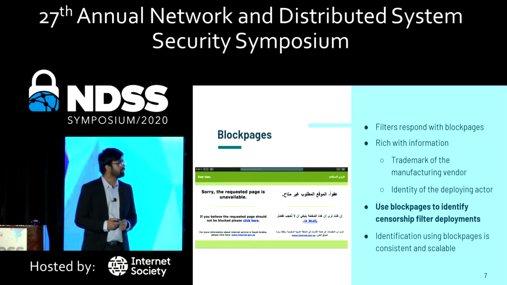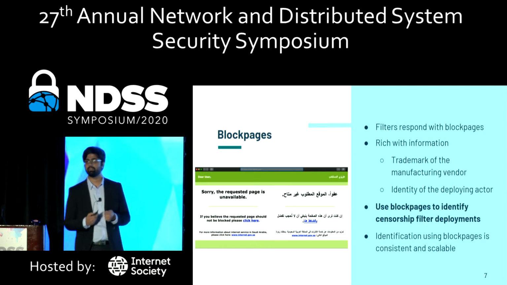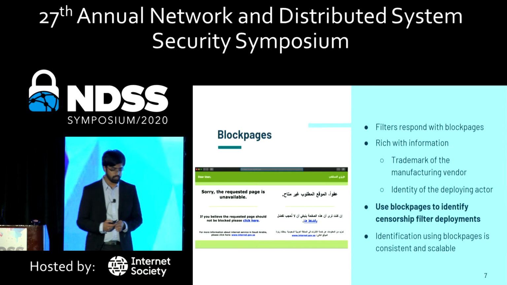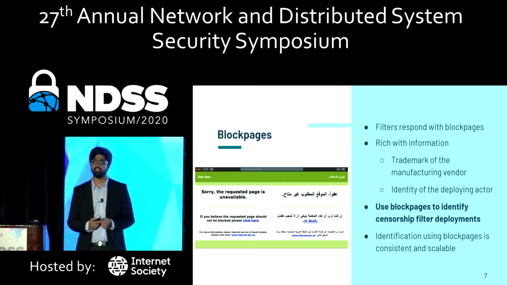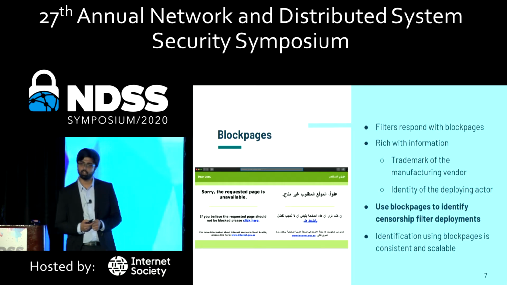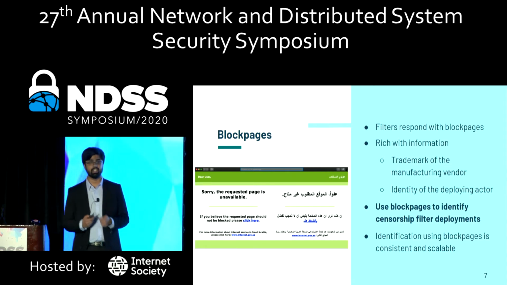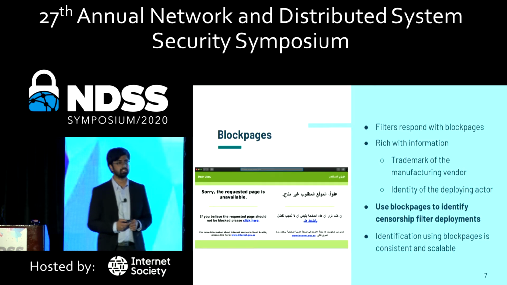In our study, we explored the idea of using block pages to extract unique signatures and identify censorship filter deployments. Now, it turns out that block pages are actually great identifiers, and their use is also consistent and scalable because vendors and actors rarely have any incentive to change or remove block pages, and identification of filters using block pages is also scalable at the global level, as I will show later in this talk.